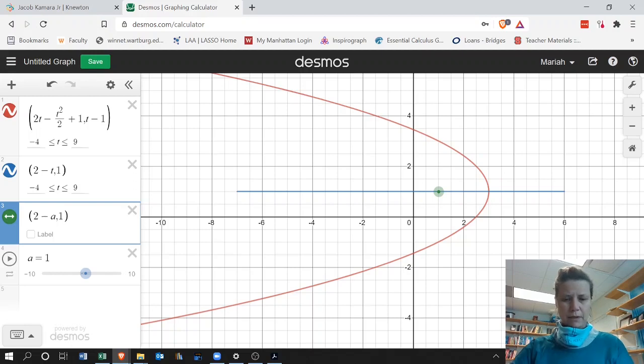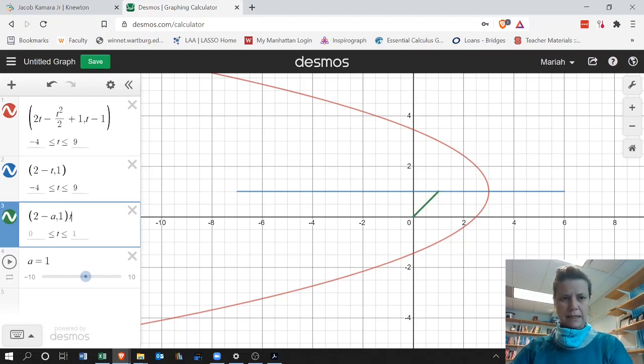And so I'm going to take that times t. And so this is giving me a line, which is actually just my vector. And then I can change where that vector is by sliding my slider.